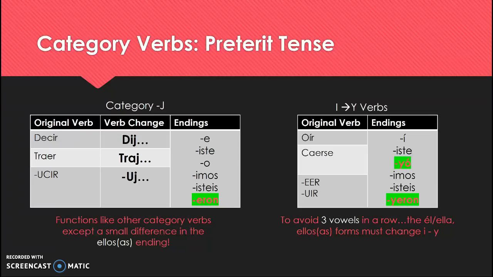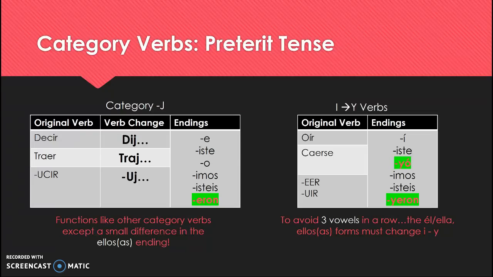And accents are a whole nother set of rules. Let's just say you can't accent the middle vowel here. So to avoid the triple vowel situation, we need to convert the I to a Y. Oyó. Oímos, oísteis, oyeron.